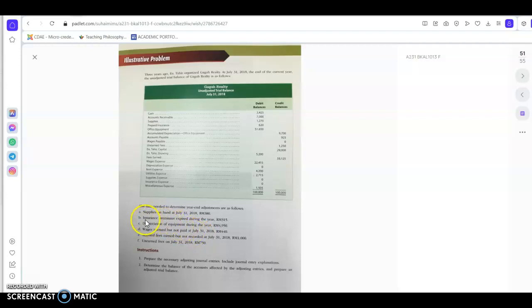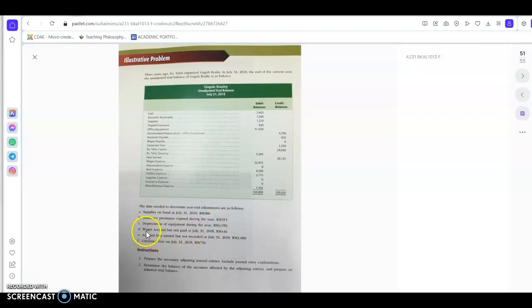Okay, we're given also the insurance premium expired during the year 315. C, depreciation of equipment during the year 4950. So we have to record the depreciation expense.